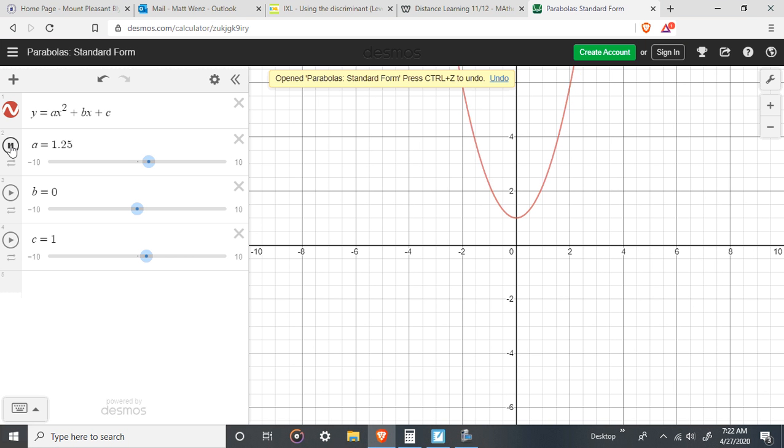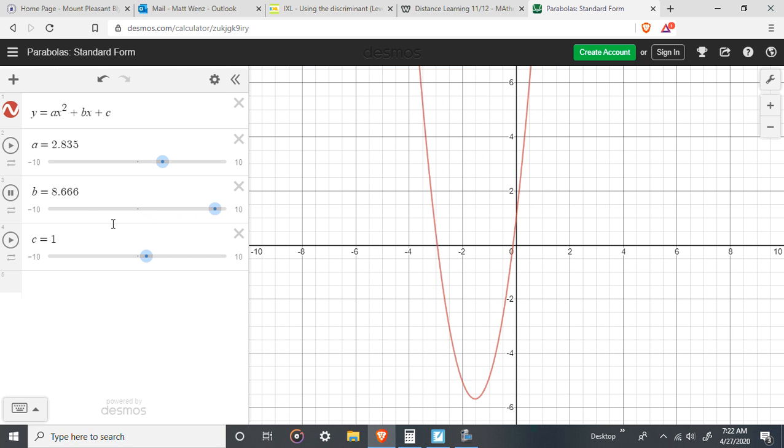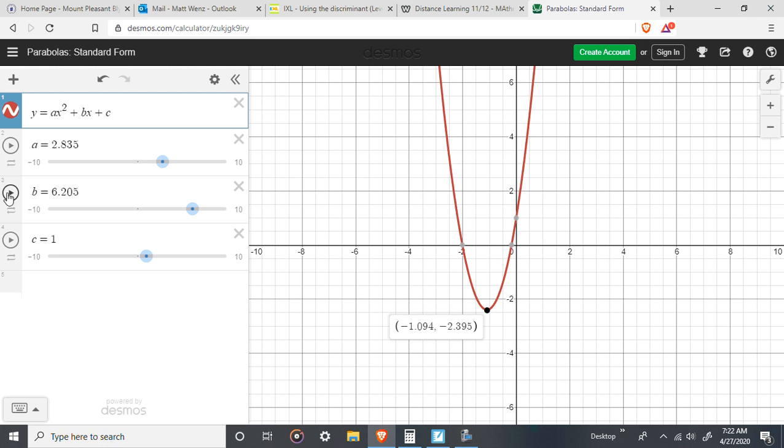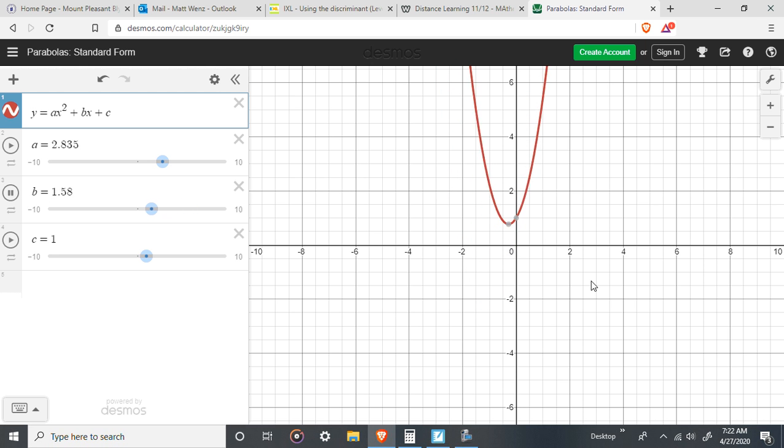B actually changed the location of the vertex. If I click on it, I'll show it to you guys. This point right here, if you watch, b is going to change the location of that. And c just moved it up and down. We'll talk about what that all means later. But a, b, and c had different impacts on the shape of the graph when we drew it.